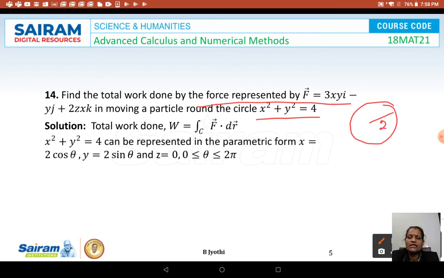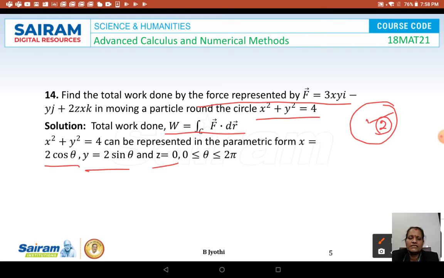Now, the total work done is given by W is equal to the integral along C of F dot dr. Then, x square plus y square is equal to 4 can be represented in the parametric form as x is equal to r cos theta and y is equal to r sin theta, where r here is the radius. Therefore, it is 2 cos theta is the x value and 2 sin theta is the y value. And z is equal to 0.